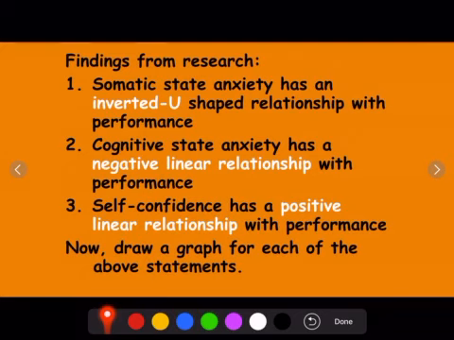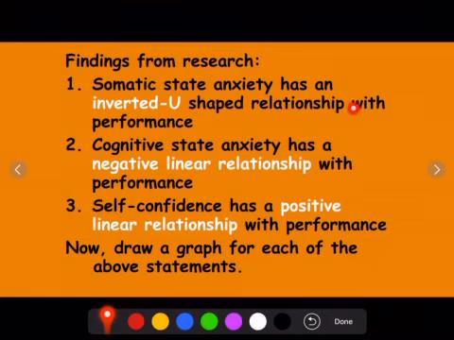So you could try drawing a graph for each of those, but somatic, inverted U. So for your physical anxiety, more anxiety is good, and then more anxiety is bad.